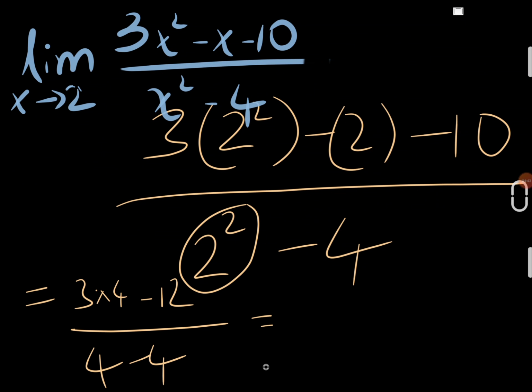That's the issue. The denominator is 0, and that is a big issue because division by 0 is not possible, as you saw in the previous video. So we cannot do that.